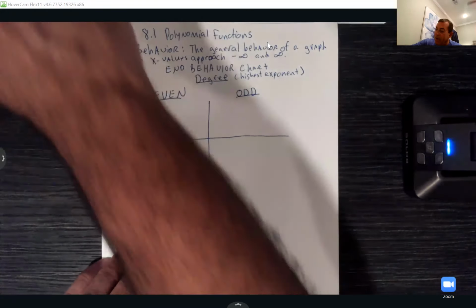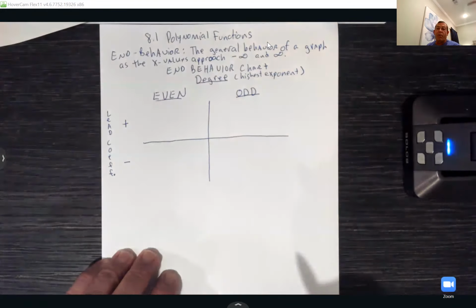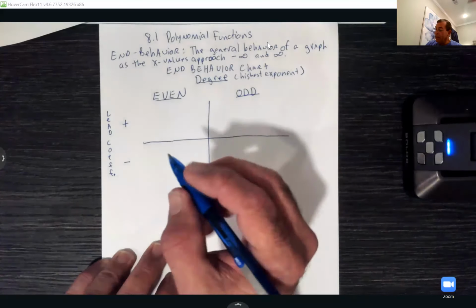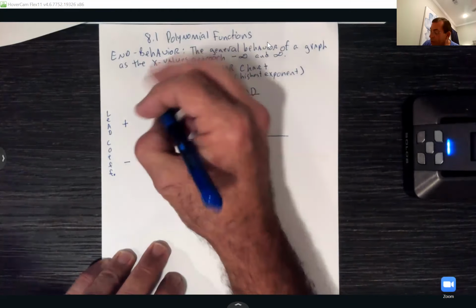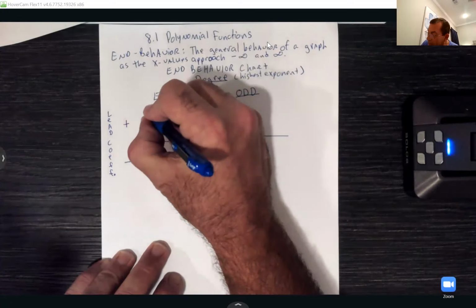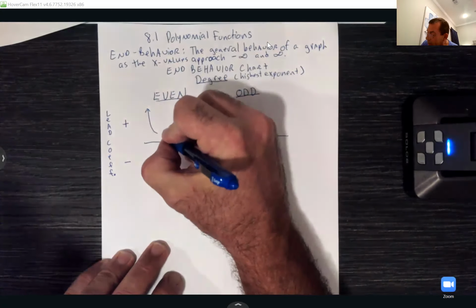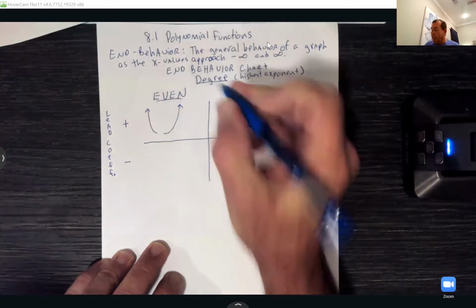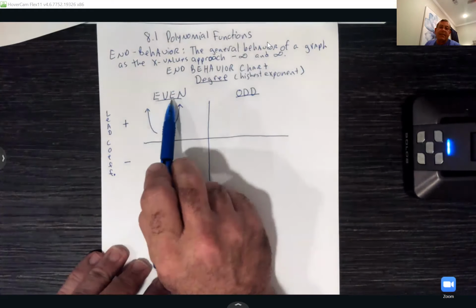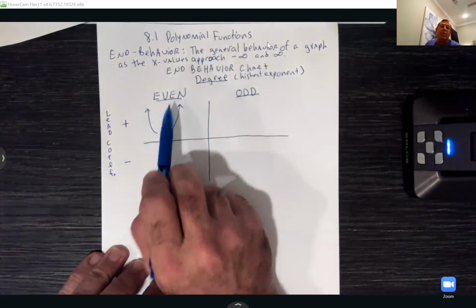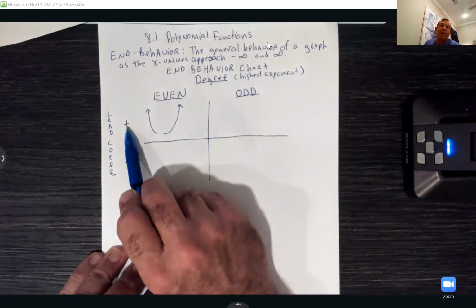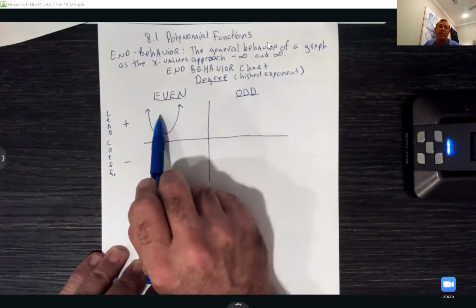So the x squared graphs we've been drawing in the last section, x squared graphs are even. So even degrees, if the lead coefficient is positive, both ends of that graph will head towards positive infinity. So if it has an x squared as the highest exponent, x to the fourth, x to the sixth, if that number in front is positive, both ends will go up.